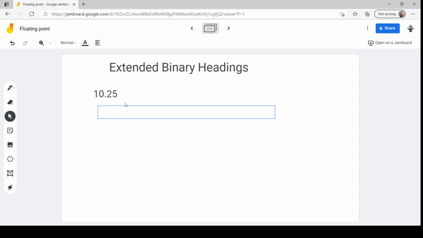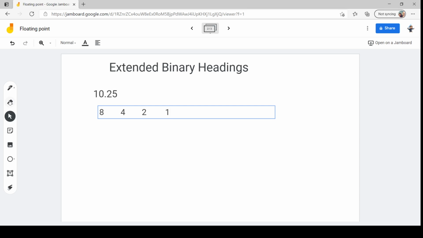I'm not going to do all the headings from 1 to 8. I'm actually only going to start at the heading 8. The reason for this is we're looking at the denary number 10, and to add up to 10 we only need 8 and 2. So I'm going to write 8, I'm going to put a few spaces in, 8, 4, 2, and 1.